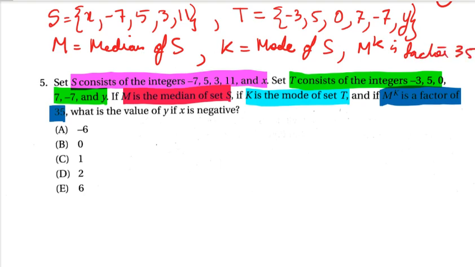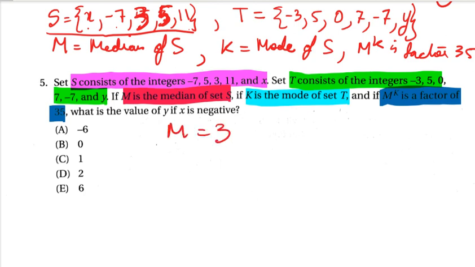Now let us check how we are going to do this question. From the set S, we arrange in ascending order. If we write the value 3 over here, we can easily see there are 1, 2, 3, 4, 5 of them, and the middle one is the median. So M is coming as 3.